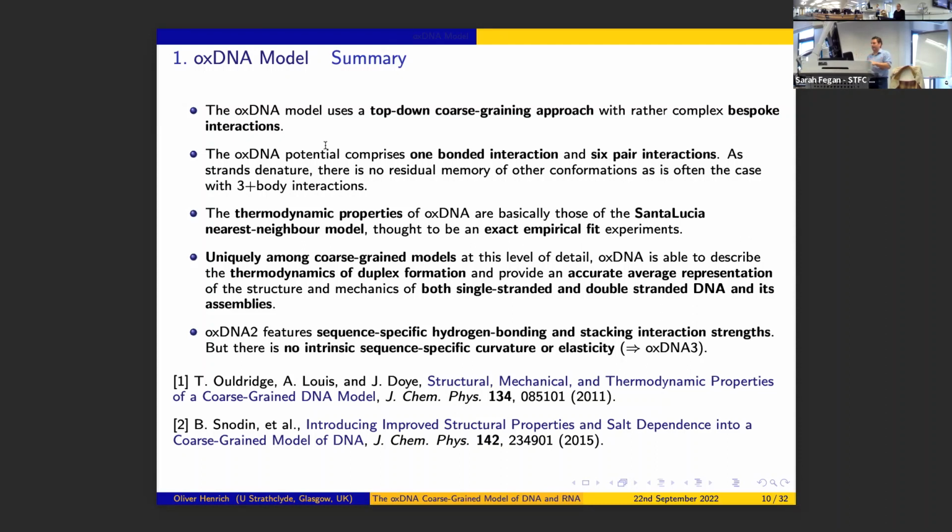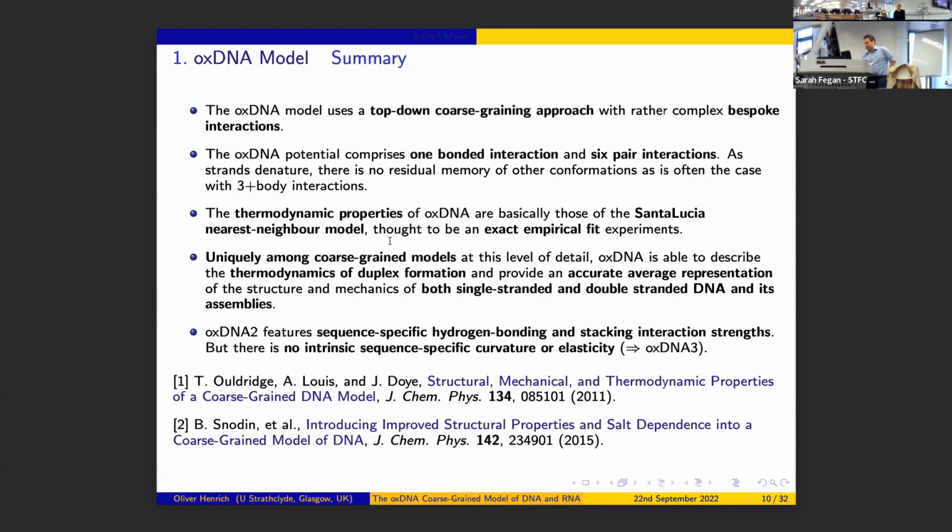It's conceptually relatively simple, and oxDNA has been parameterized on that SantaLucia model to really get the denaturing transition right. So this is why it works really well in the thermodynamic domain. And then the structure is also reasonable, but we're trying to improve it further in a third version, but that will take some more time.